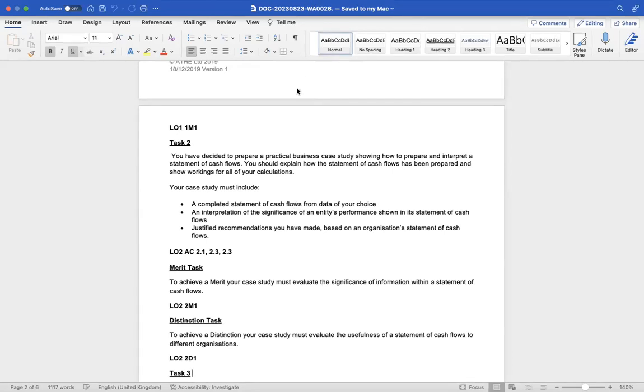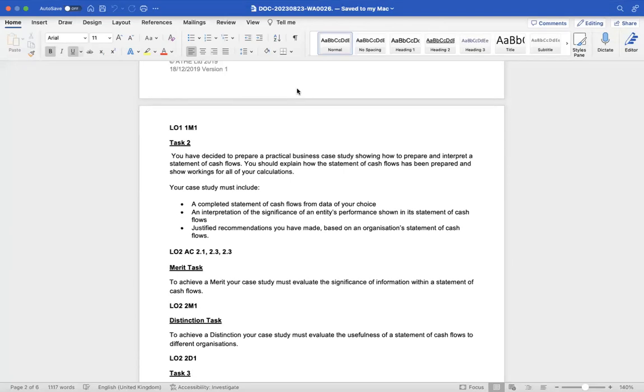Interpret the significance of the information presented in the statement of cash flows. Discuss the company's liquidity, cash flow trends, and the overall health of its cash position. Highlight any notable changes or patterns. Then justify recommendations based on the information in the statement of cash flow.